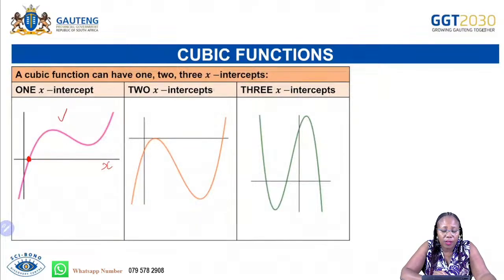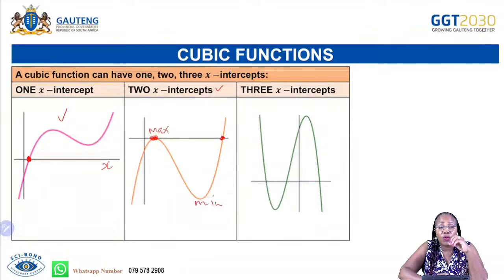And then we have a condition where it has two intercepts. As you can see, it is cutting there, and then this one, it's also an x-intercept. It is also a stationary point for this particular graph. It's a maximum turning point there, and this one will be the minimum.